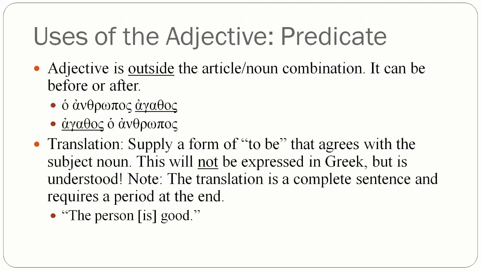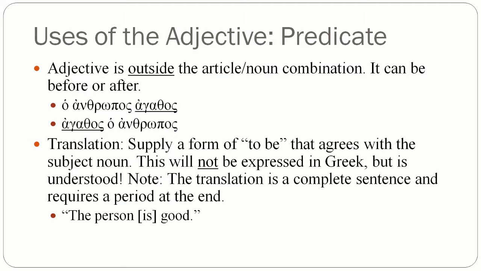That's an easy way to tell how this is being used. If there is a period at the end of this sentence, and it's just an adjective phrase, and there's a period there, that means this is a predicate adjective. If that's just the adjective phrase and nothing else, no other verbs, no other anything, then this is a predicate adjective and the verb is supplied.